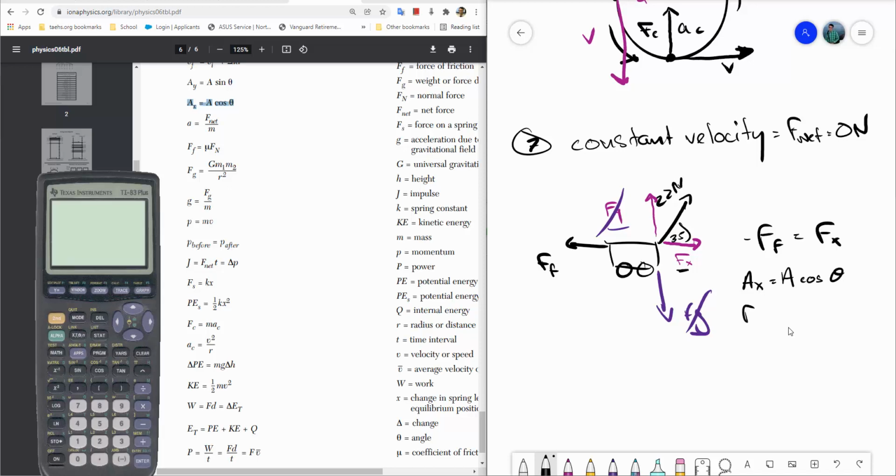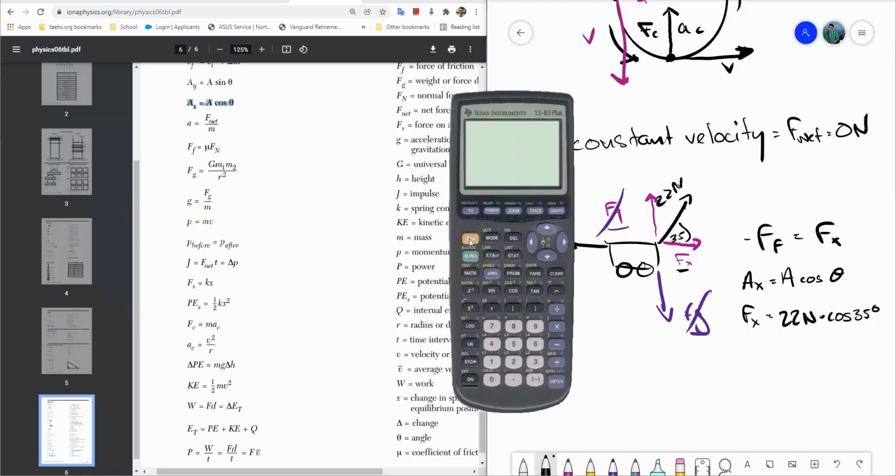So Fx is equal to the force of 22 newtons times the cosine of 35 degrees. Now, when you calculate this on your calculator, keep in mind that you should be in degrees, because if you are not, you're going to get some funny looking answers. 22 times cos of 35 gives us 18 newtons along the x.